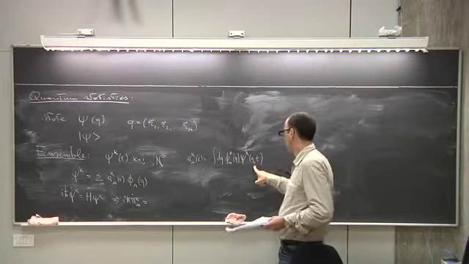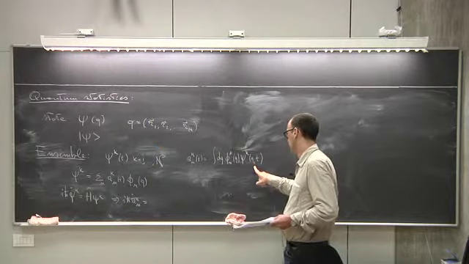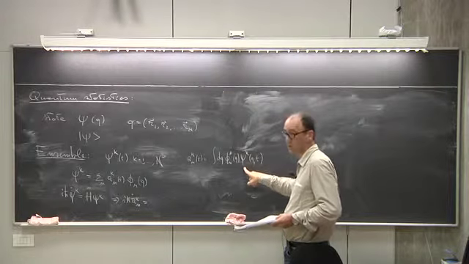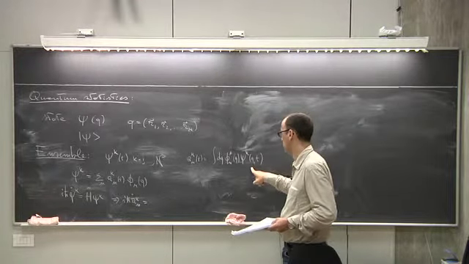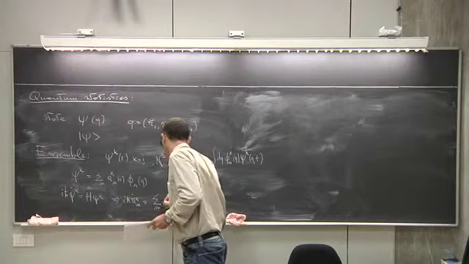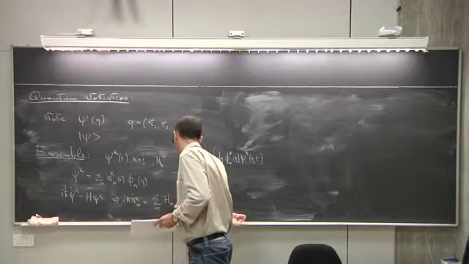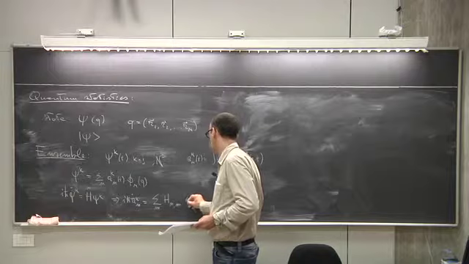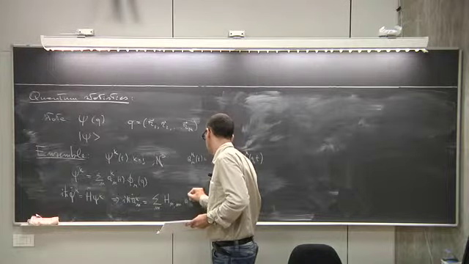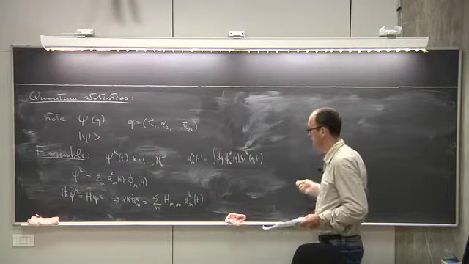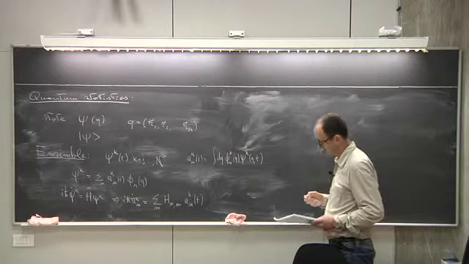So what I will have is a sum over m of the matrix element of the Hamiltonian between states n and m, times a_mk of t. This is just basic quantum mechanics.